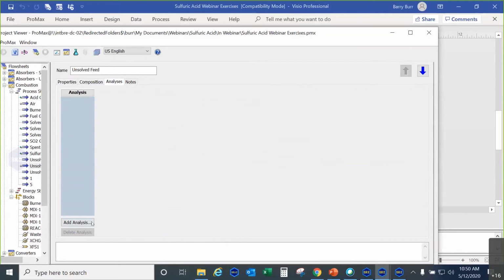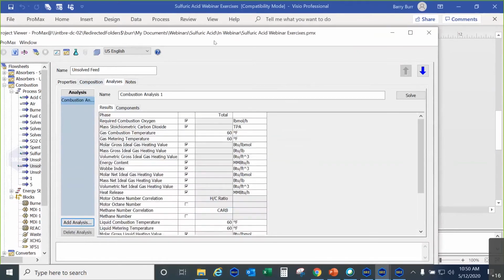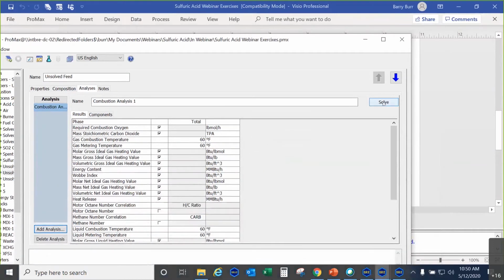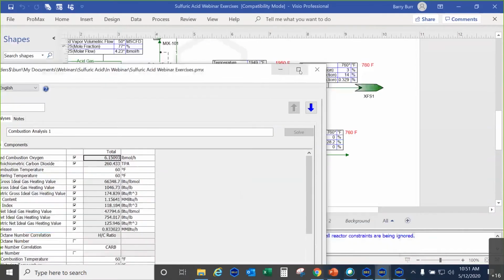And we have an analysis, an extra calculation we can add called the combustion analysis. If we add this combustion analysis, and then we press the solve button, we can see how much oxygen is required to combust the sulfurous feedstock stream. And here we need 6 moles per hour of oxygen.